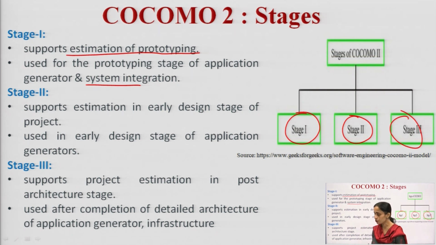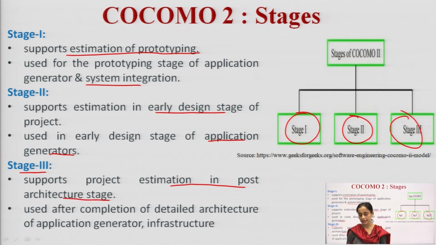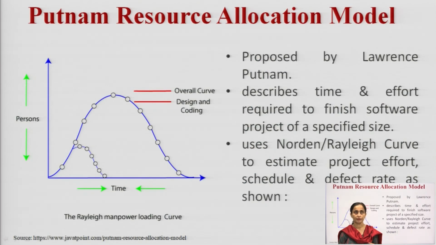This stage is used for estimation in the early design stage, and also in the application generator. Then stage 3 supports the project estimation in the post-architectural stage. After the completion of the detailed architecture, I come to stage 3.